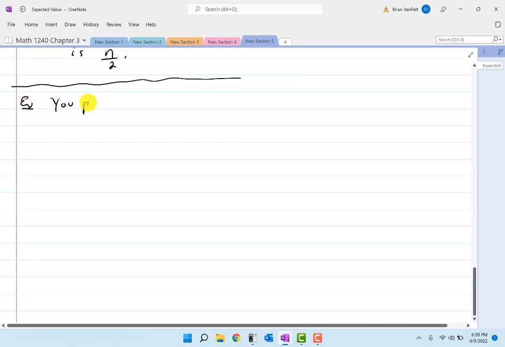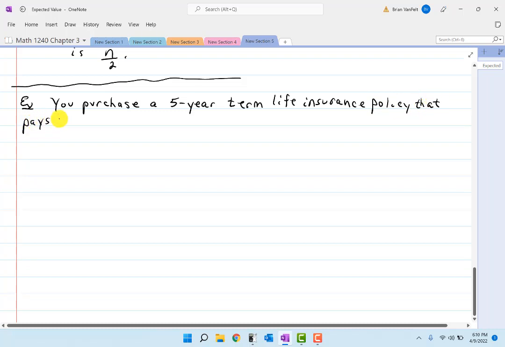You purchase a 5-year term life insurance policy that pays $100,000 if you die.